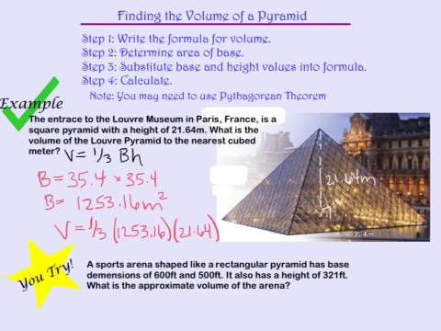And my answer then is 9,039.4608 meters cubed. And if I read the directions again, it says find the volume to the nearest cubed meter. So I'm just going to round that down to 9,039 cubed meters. So then you go ahead and try that next problem, which is very similar.